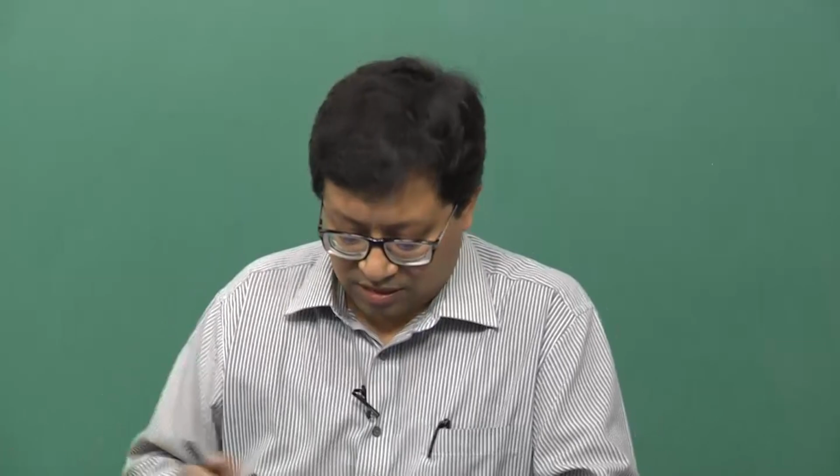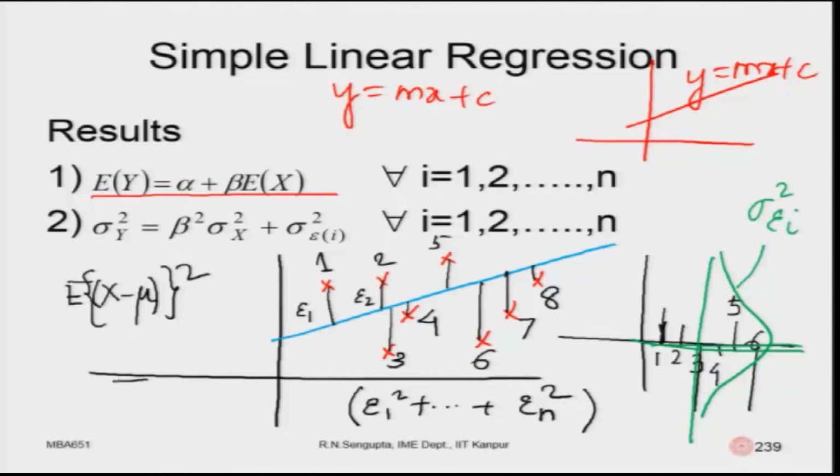So, this error, the square values, is actually the sum of (yi minus yi hat) whole square, where hat is the predicted value, divided by n because there are n number of readings. So, this is the error, and I will put it as delta.